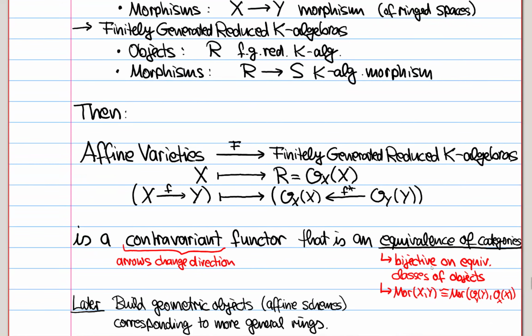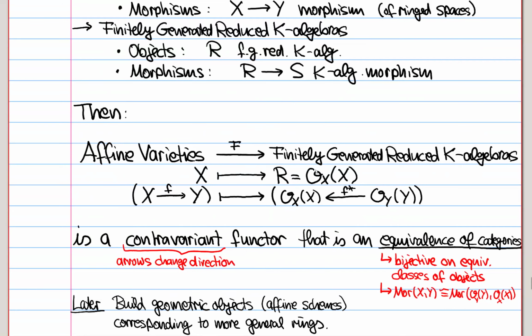And this is saying it's bijective on equivalence classes of objects. For each isomorphism class of affine varieties, you have a unique isomorphism class of algebras on this side. How you would prove this is you do the construction that we had before. If you're given R, then you can find an affine variety with this coordinate ring.